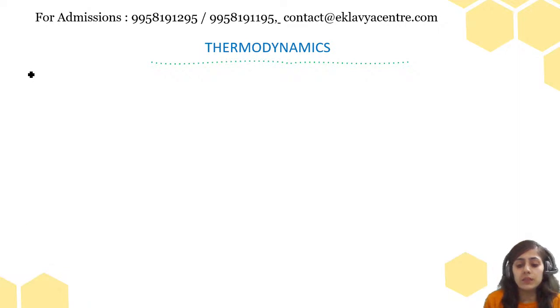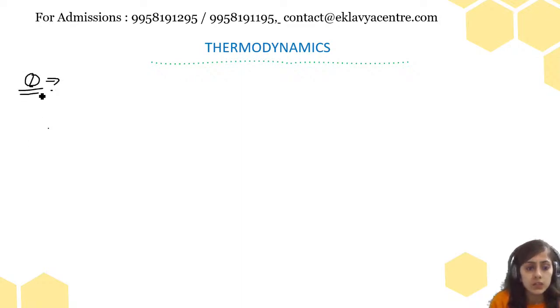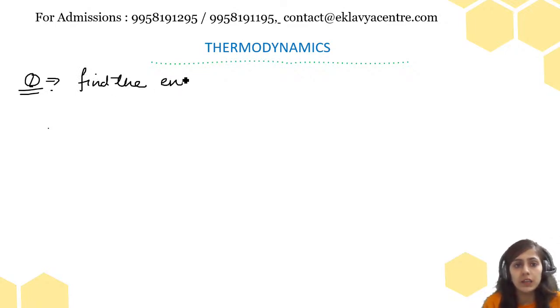and in the next lecture we will be discussing this question. So you can take this question as a homework. So the question is, find the enthalpy of reaction, and they are giving you the reaction.